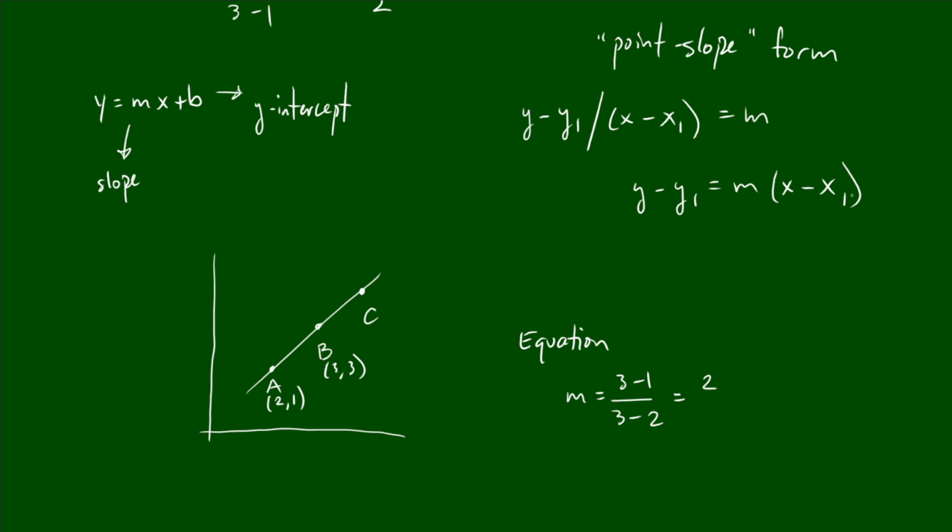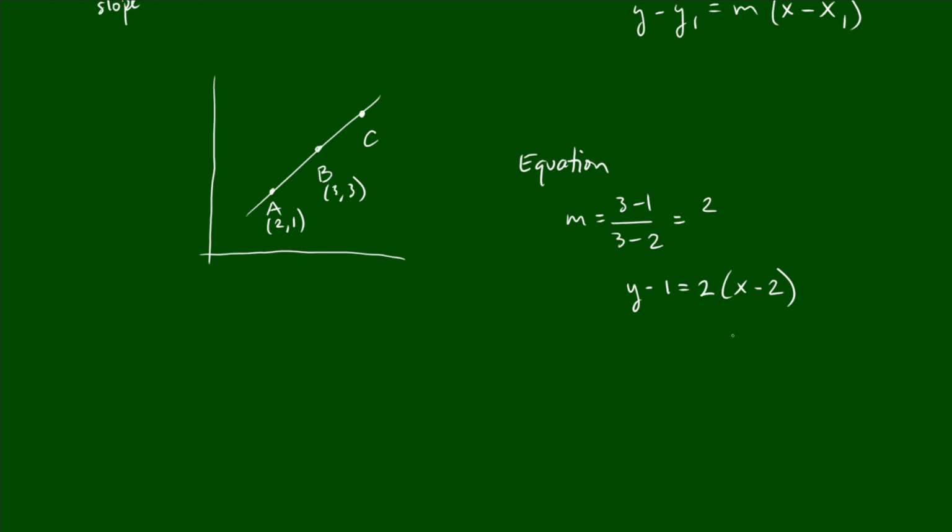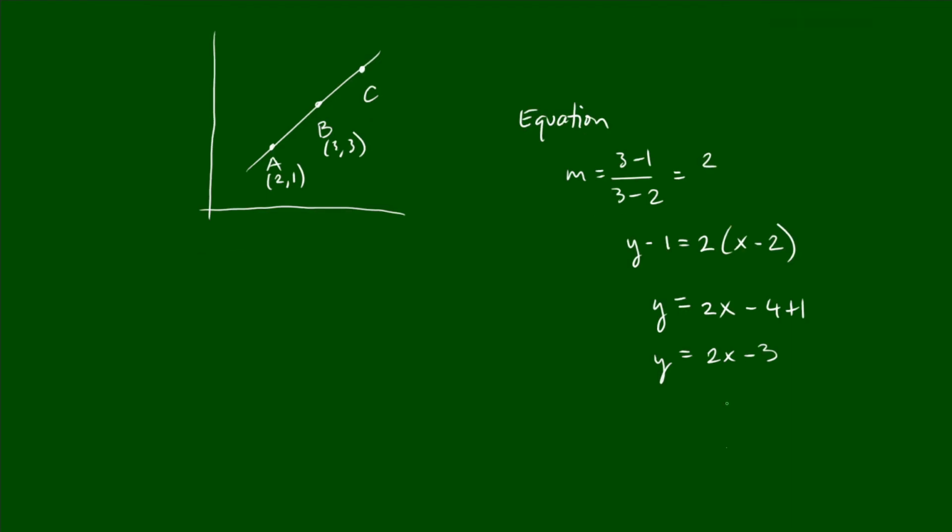If you use the formula above, the point-slope form, you have y minus 1 equals 2, which is the slope, times x minus 2. You could use either point though, and you'll see that shortly. You have y equals 2x minus 4 plus 1, and then you end up with 2x minus 3 as your y equals mx plus b form, as your equation.